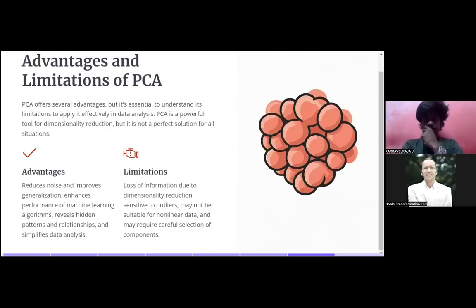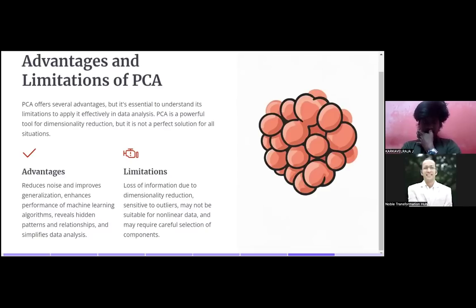Even if you see the atom, it has negative and positive, electrons, protons and neutrons. There's a nucleus and they are moving around. So there's a duality in everything, that's by nature, right? PCA also has its duality, advantages and limitations.